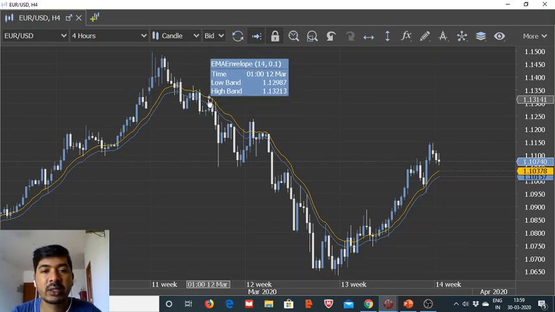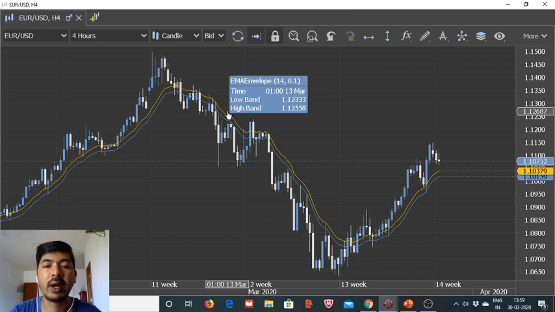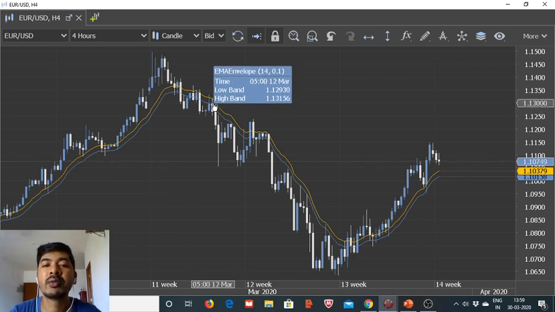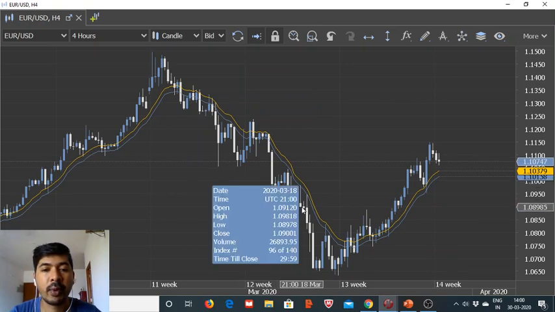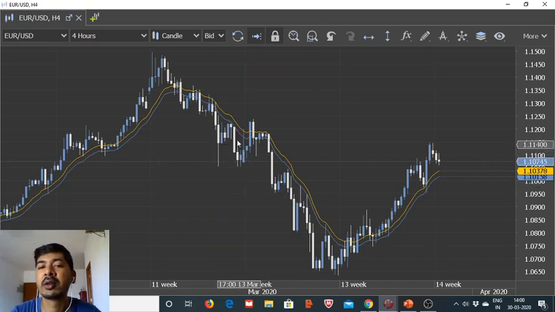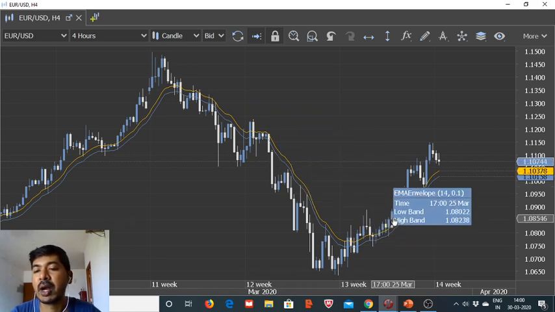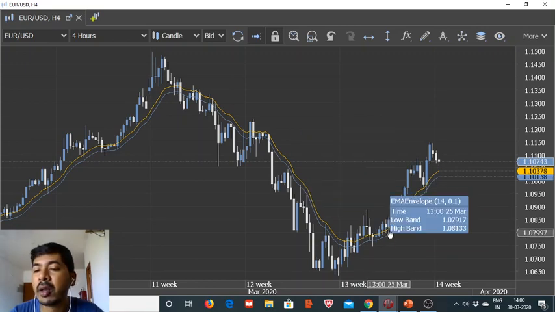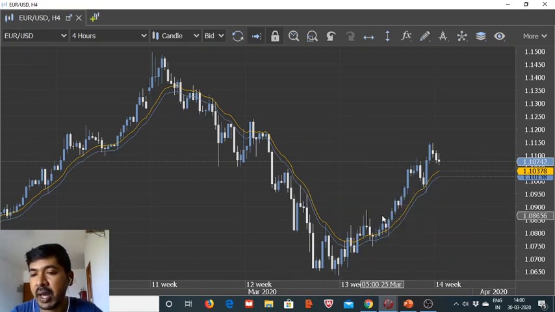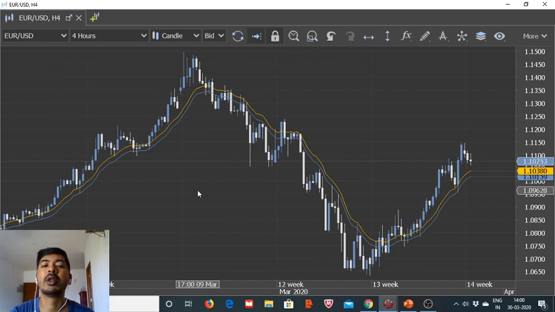And we can check the EMA envelope values to the prior values, and then see if the EMA envelope is falling, then most probably it benefits us to stay on the short sale side. If the EMA envelope is rising and the price action is in the upper side of these bands, then also we want to be on the buying side.